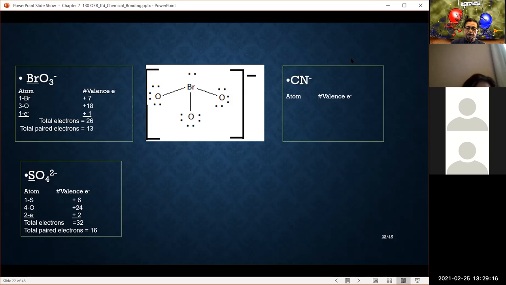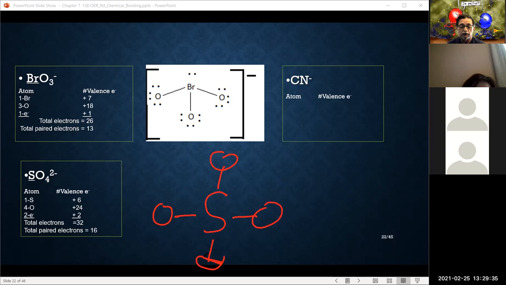So we do the same thing in drawing. We start off with sulfur in the center, and then we can very quickly add 3 oxygens. So that took care of 4 pair. That means we got 12 to work with, right?